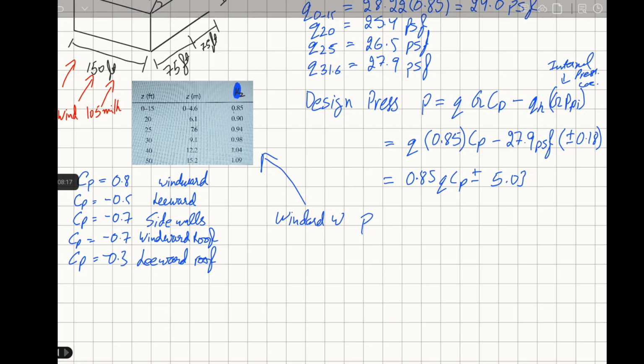Based on this, our first grouping will be 0 to 15.